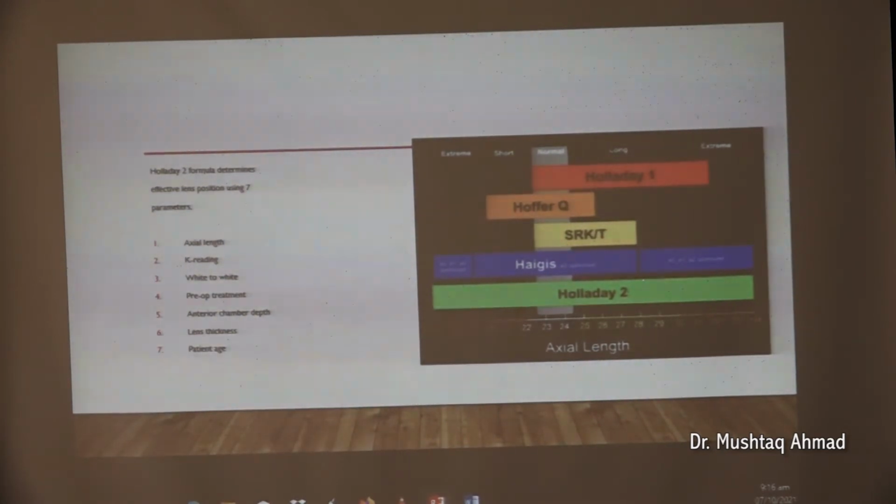This formula takes all the parameters which are necessary for accurate intraocular lens calculation. You can see here that if there is an extremely short or extremely long axial length eye, you can use the Holladay 2 formula, which nowadays, I think, is the one formula you can use in all conditions.